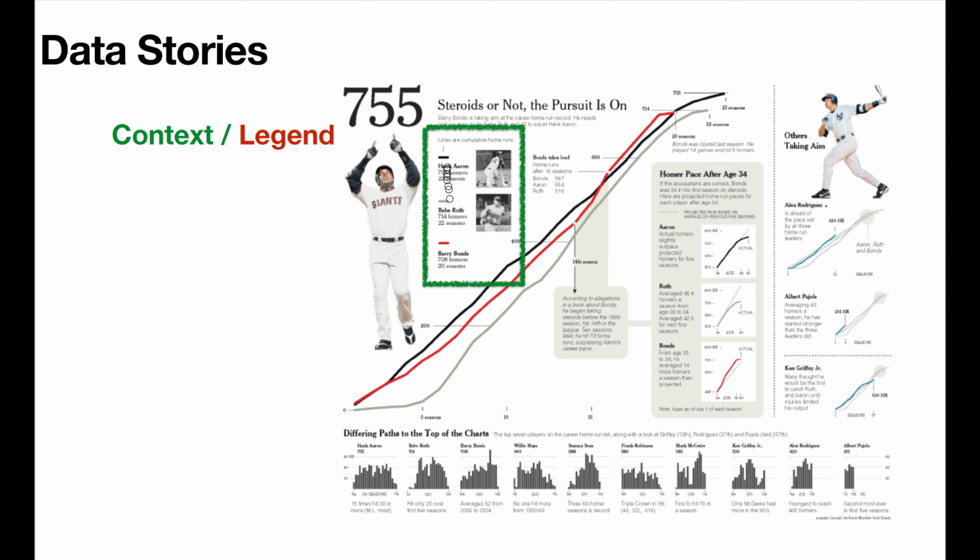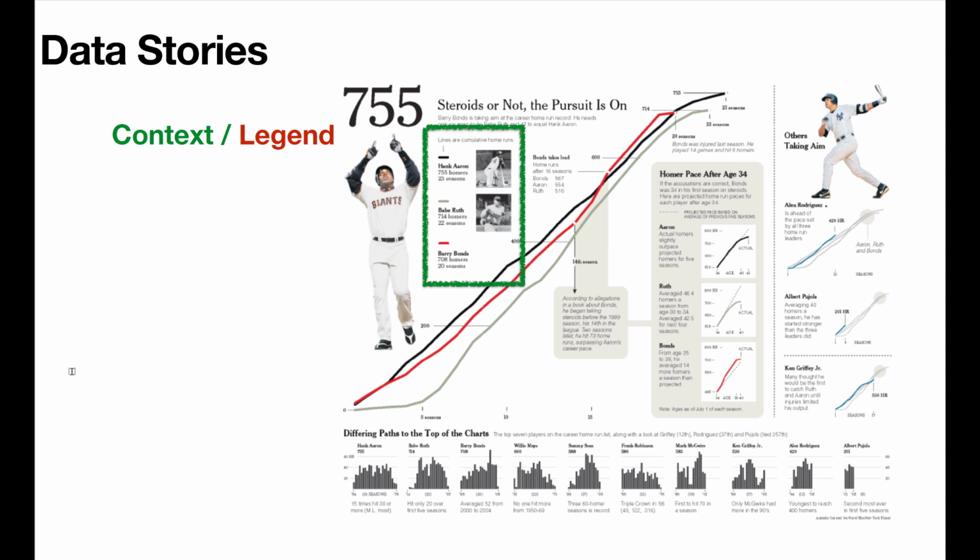Now, this legend, these colors, black, gray, and red, are used in this graph to plot the cumulative number of home runs that each of these three people had hit according to the season of their career that they were in. Okay?